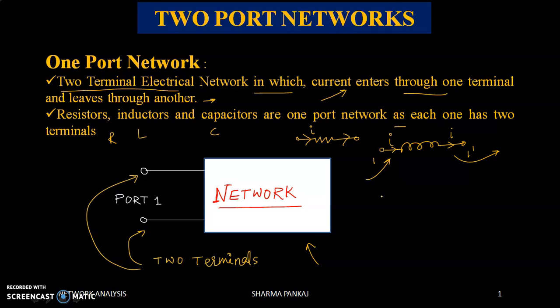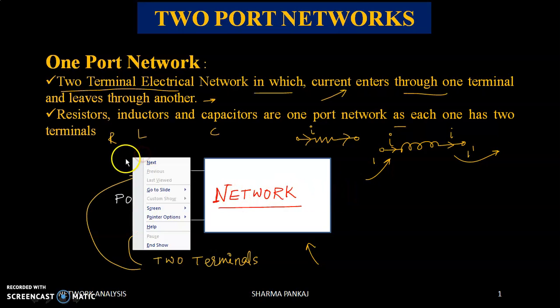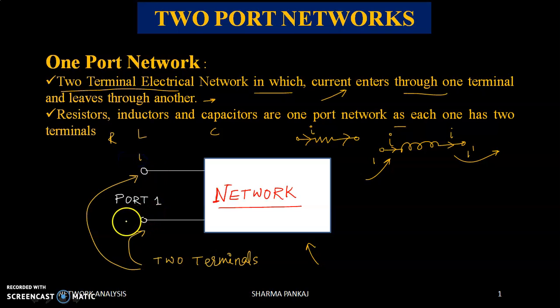So what is special in two-port networks? Two-port networks are very important when we are going to analyze certain parameters in power system transmission. We'll see it later on, but let us just finish this one-port network. What is this called? Port 1 and port 2. This is our terminal number 1, and this is our terminal number 2.